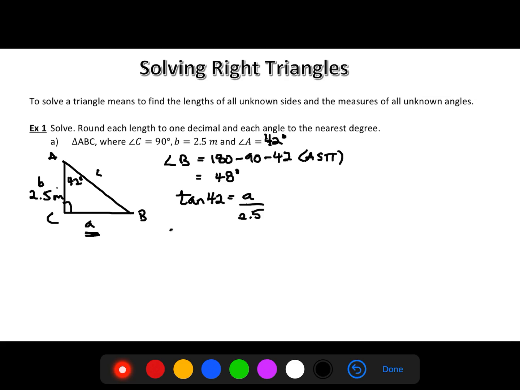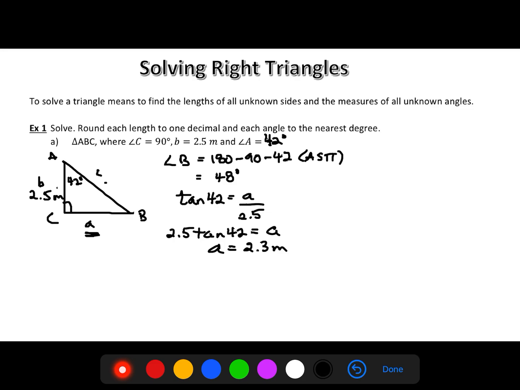So tan of 42 is equal to side a over 2.5. To solve for a, we're going to take our 2.5 over and multiply by tan 42. And we're going to round this to one decimal place. We know that we get 2.3 meters for side a.